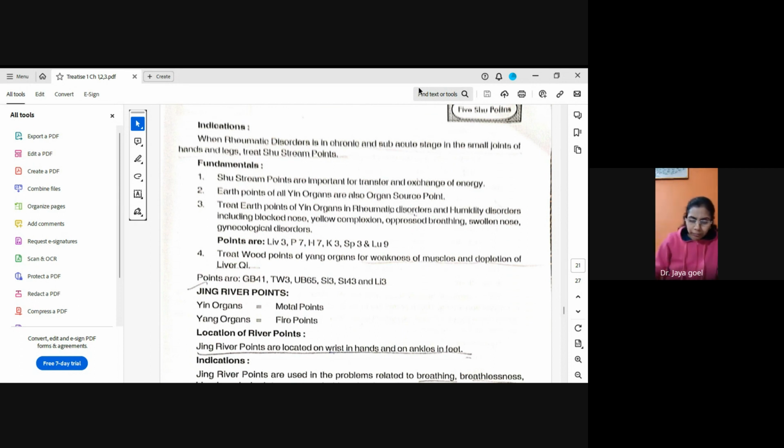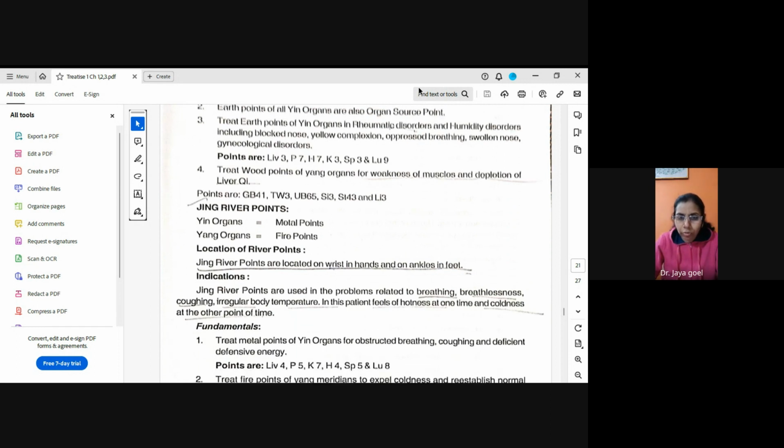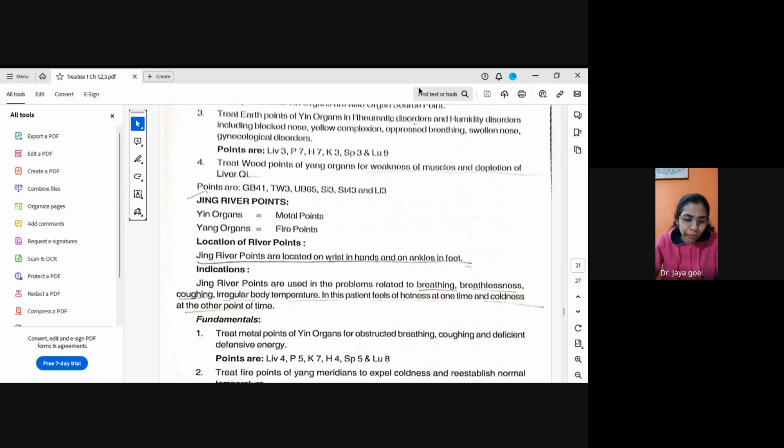Now we come to the fourth point of the five Shu points, that is the Jing River point.